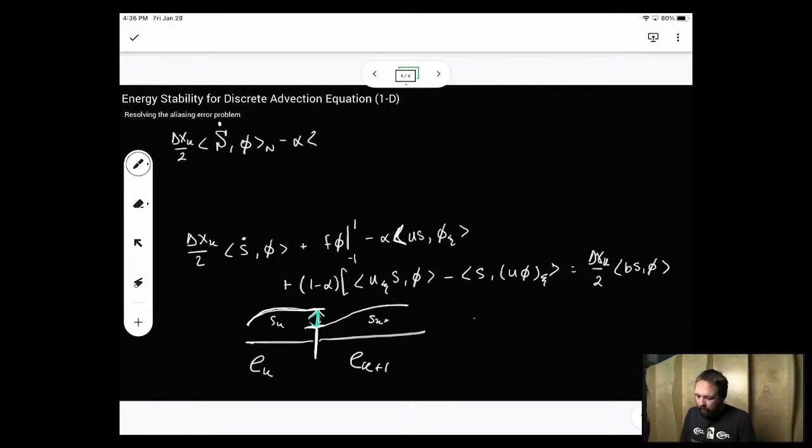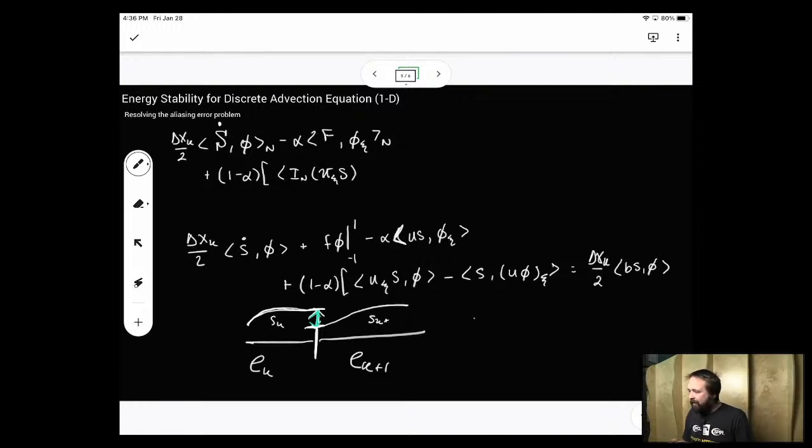Alpha, we've got our flux, d phi d x_c, discrete inner product. I've also got a couple things here. I'm going to have to move this onto the next line. So we've got plus 1 minus alpha. Okay, open these brackets up, and I have the inner product of the interpolant of du dx_c and s.